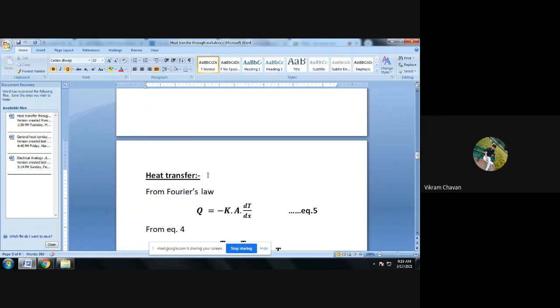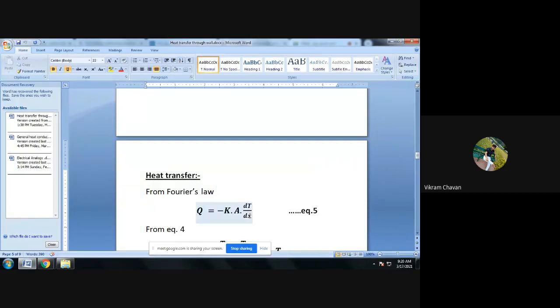So we know Fourier's law. In a wall, heat is transferred because of conduction only. There is no fluid present in the wall, so there will not be convection, and there will not be radiation. So the heat transfer in a wall is conduction heat transfer, and for that we need to apply Fourier's law: Q is equal to minus K multiplied by A multiplied by dT divided by dx.